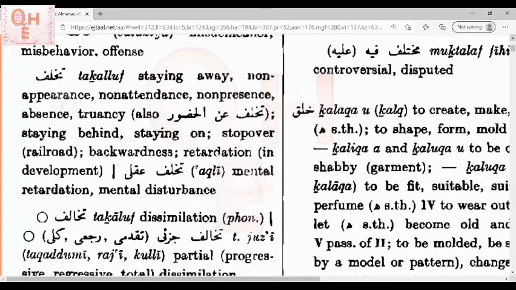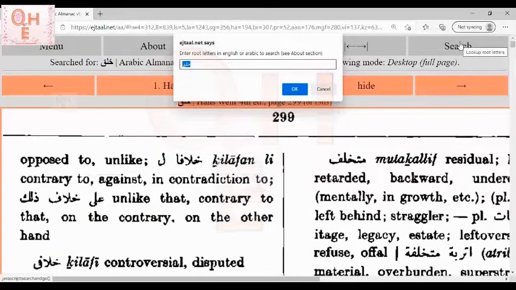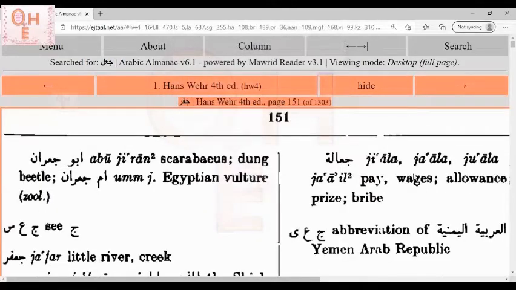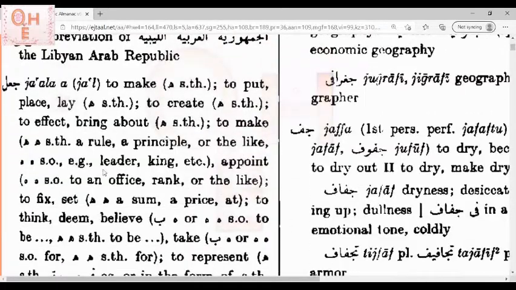Okay. Let's look for the second set of root letters that we have. Our second set of root letters are Jim, Ain, Lam. Okay, so when we plug in Jim, Ain, Lam, over here you can see Jim, Ain, Lam. Okay, so this is the transliteration of the past tense.